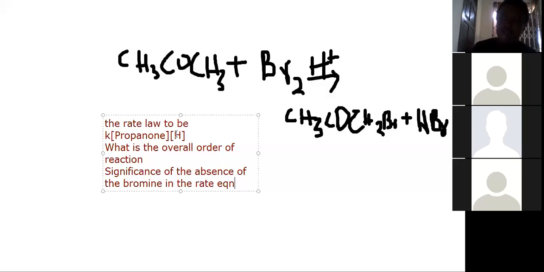However, if I increase the concentration and it doesn't affect the rate, then that one is in order 0. And if it quadruples the rate, then it's in order 2. I remember I did that the other time.